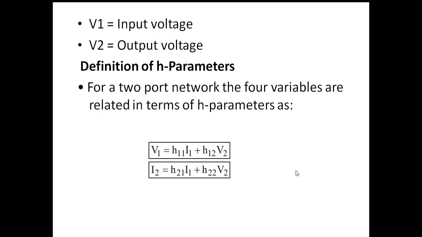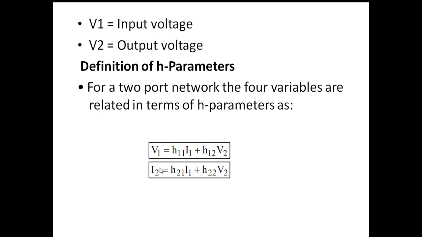Both V1 and I2 depend on I1 and V2, related with weights. In V1 equals H11 I1 plus H12 V2, H11 and H12 are weights: a weight for I1 and a weight for V2.